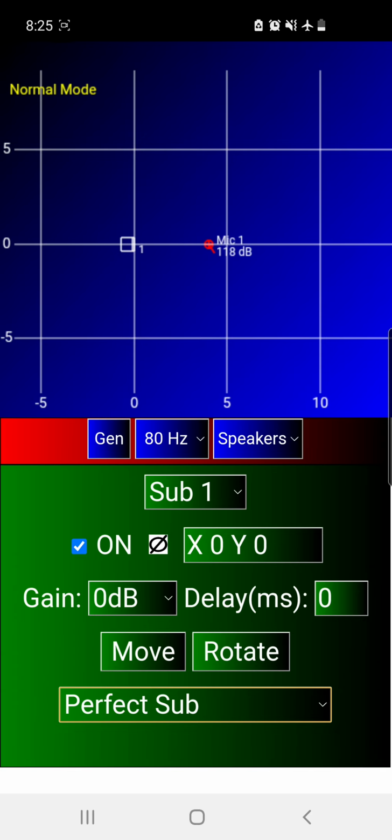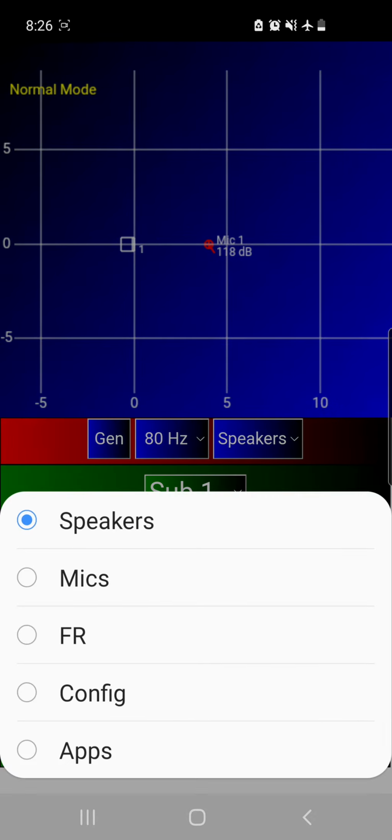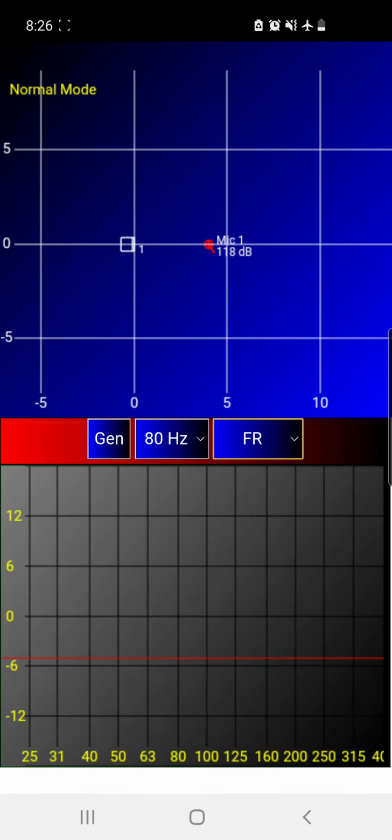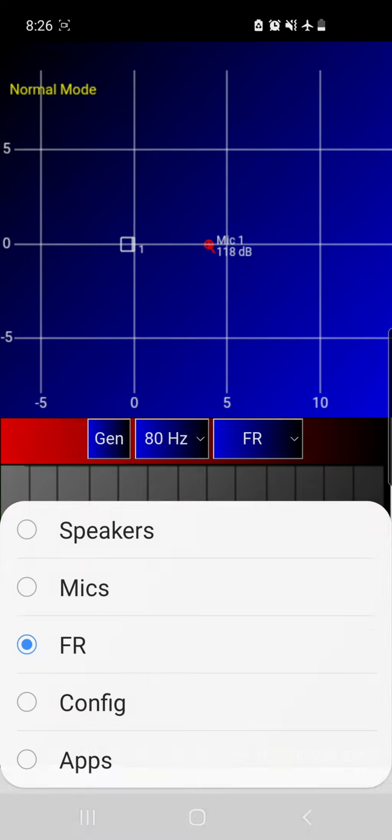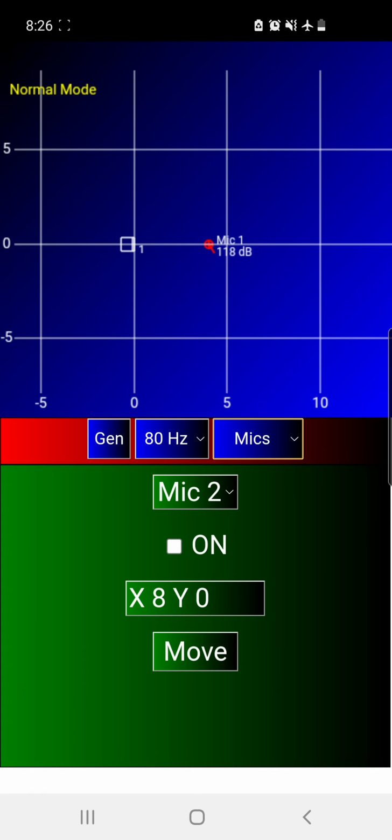The perfect sub is a subwoofer whose frequency response is this. It's perfectly flat from 20 hertz all along, for all the frequencies. That's the main characteristic of this sub, and that's not just in front of the sub.